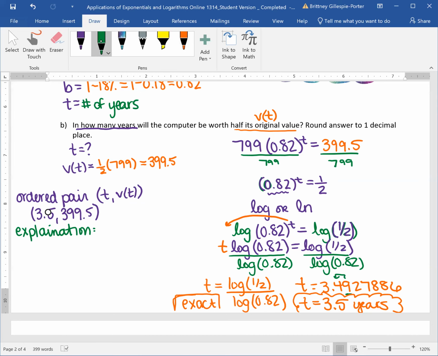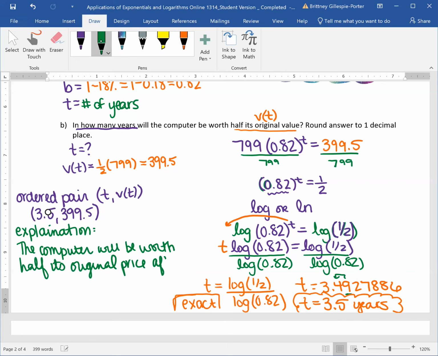So one way that you could say it is the phone, oh, sorry, not phone, the computer will be worth half its original price after 3.5 years. That's using exactly what they asked us in the question.